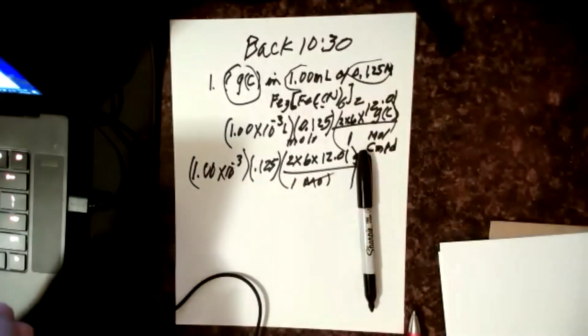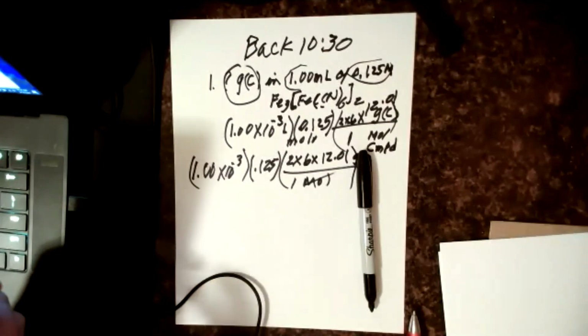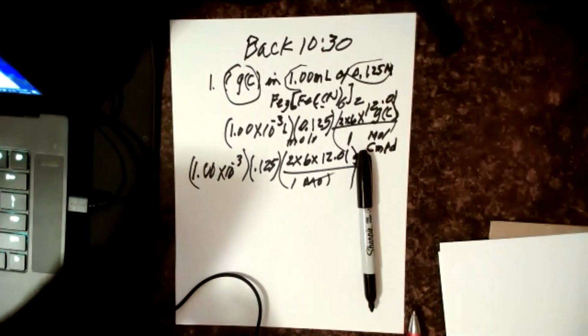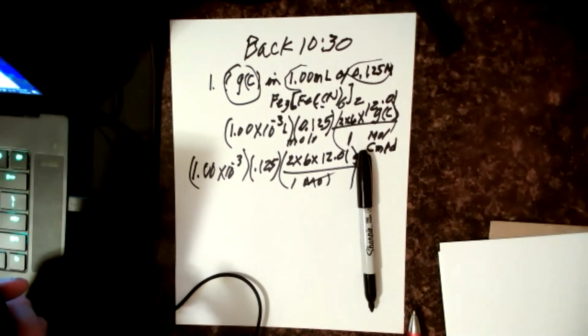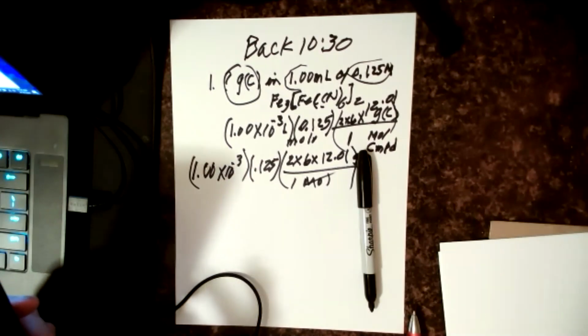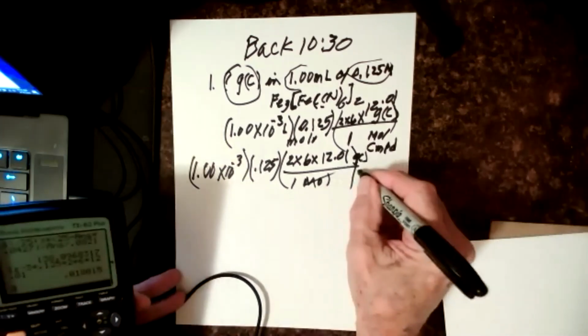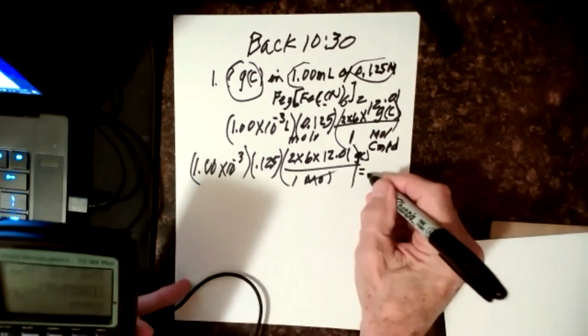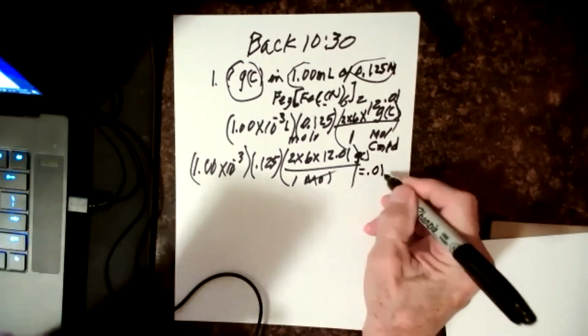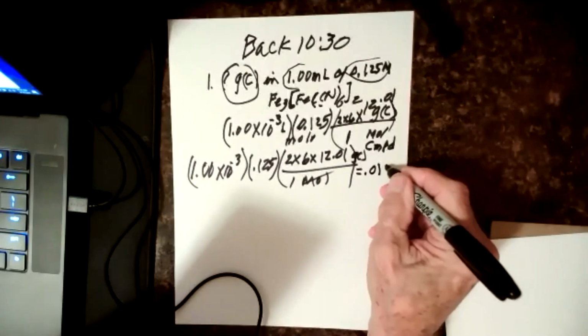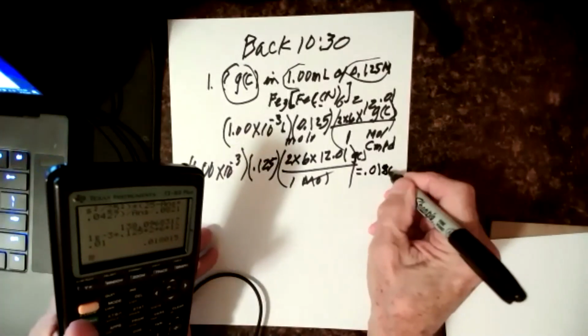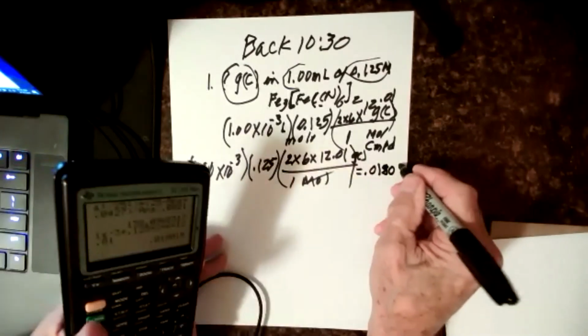So I take 1 with an exponent of minus 3, times 0.125, times 2 times 6 times 12.01. And the answer I'm coming out with is 0.0180015.